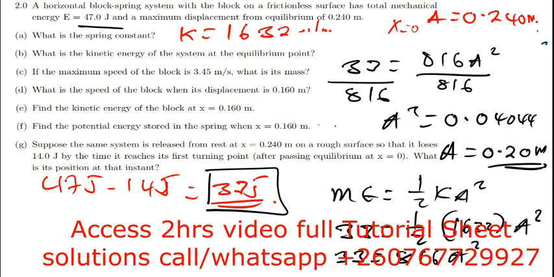When the energy was 47 joules, we had the x to be 0.24, but when the energy is now 33 joules, the x is now 0.2, which is making sense because 0.2 is close to 0.24. Again, 33 joules is close to 47. So the position now is 0.20 meters, as simple as that. So that is it for this question.